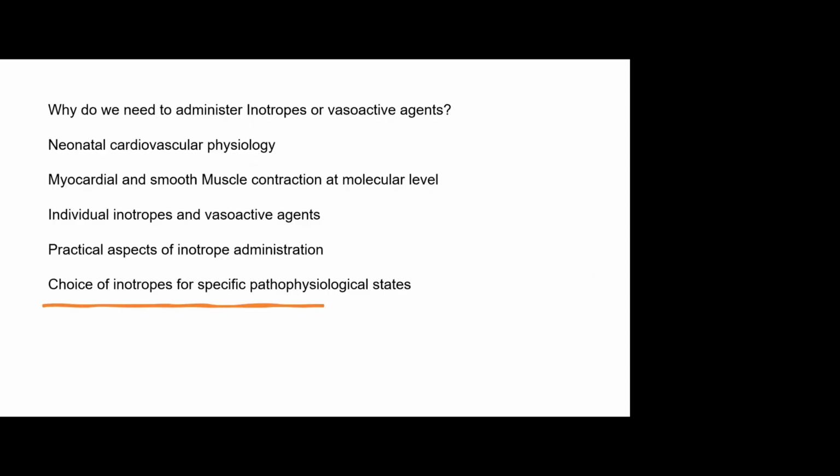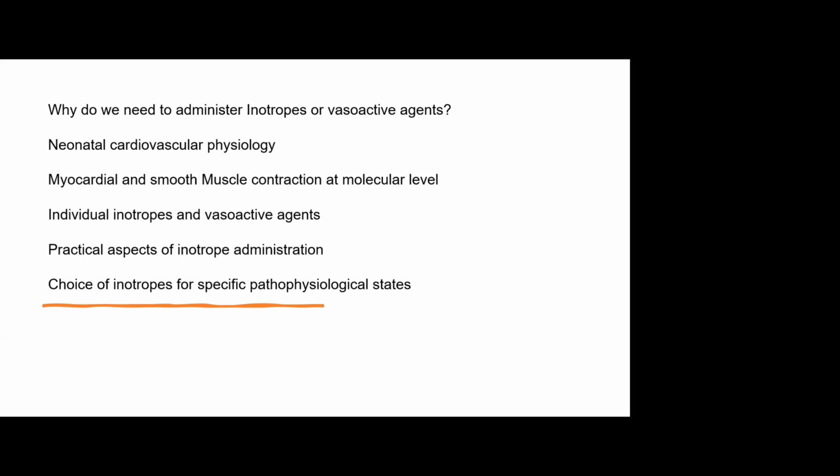In the next 40 minutes or so, we'll try and look at these different aspects of the inotropic support. First, we'll look at why we need to administer inotropes or vasoactive agents to a patient. We'll look at how the neonatal myocardium and the neonatal cardiovascular physiology is different from an adult. Then we also look at the molecular level, how the excitation contraction coupling happens in the myocardium and smooth muscle cells.